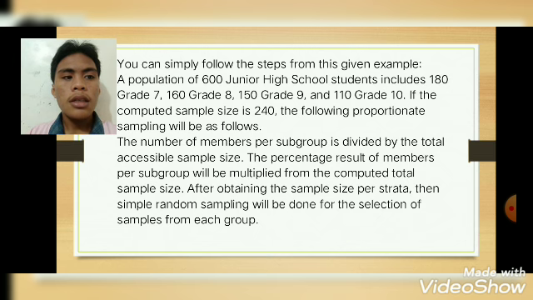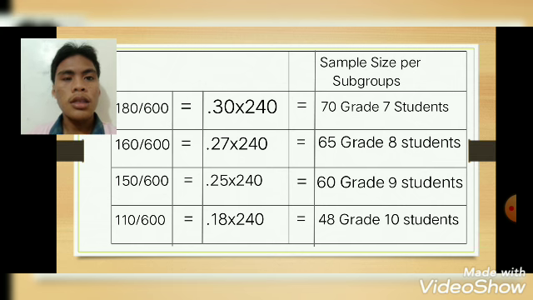The percentage result of members per subgroup will be multiplied by the computed total sample size. After obtaining the sample size per stratum, simple random sampling will be done for the selection of the samples from each group. This is the table.